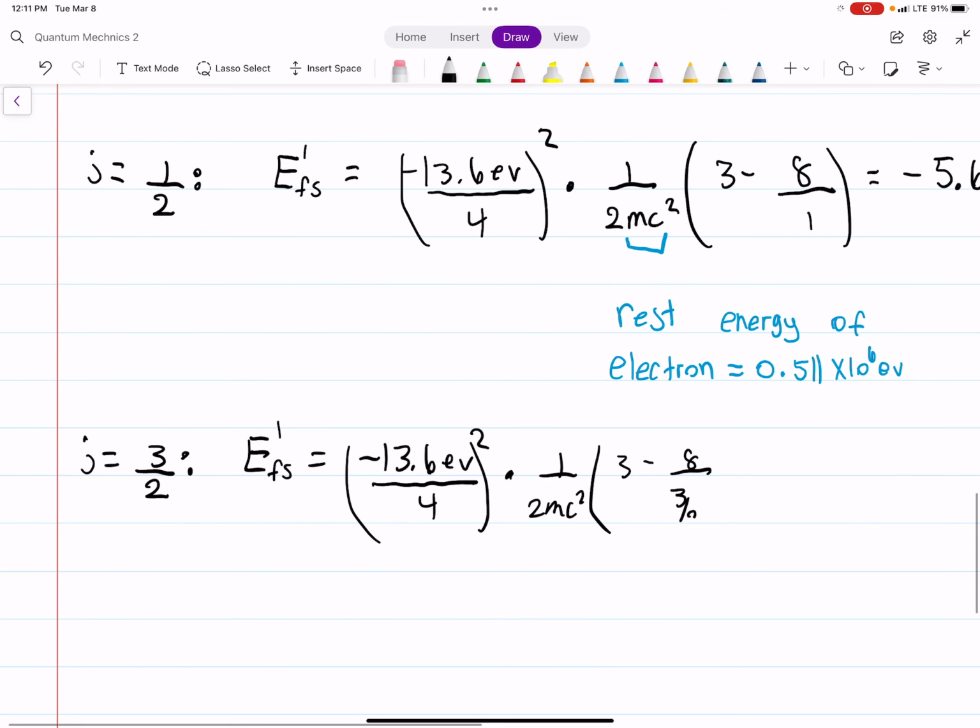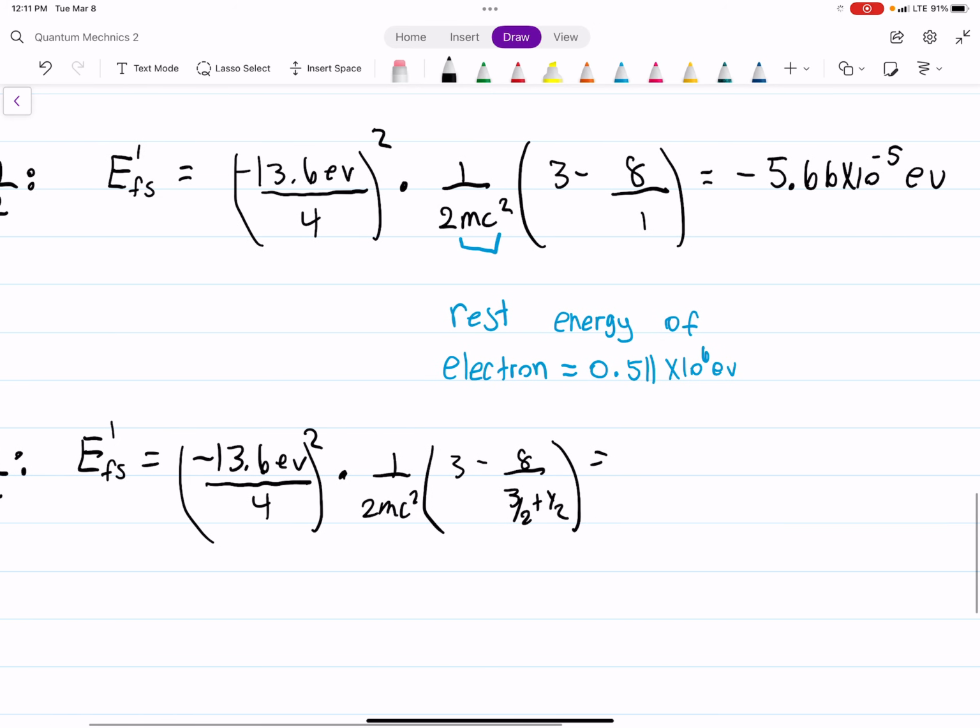And now it's 3/2 plus 1/2. That's all that changes. Okay. Which is just 4/2, which is just 2. So this is just 4. So this is just minus 1. Okay, and when you plug that in, you get minus 1.13 times 10 to the negative 5 electron volts.